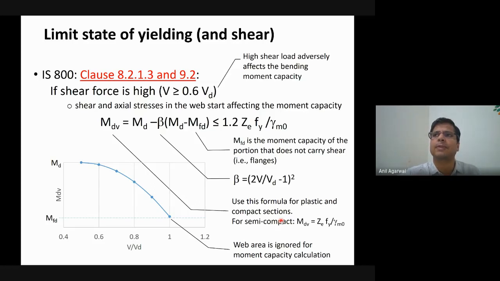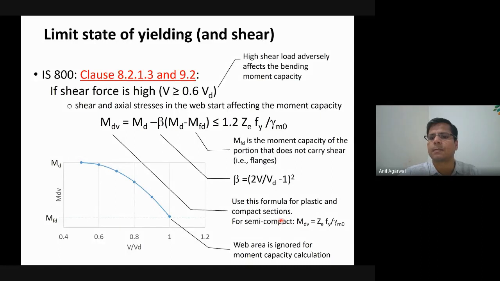But for semi-compact section, we are designing only for My. In that case, only the extreme fiber yields. The web is not yielding anyway, so the interference from the shear should not be that high. Understand? Because the stress in the web because of flexure would be very low. But stresses in the flanges would be significantly high, while the stress from the shear force in the flanges is very low. Therefore, you can ignore the interference for semi-compact section.